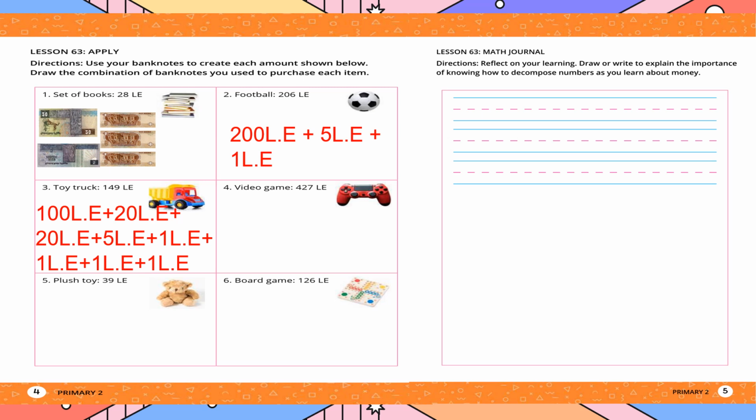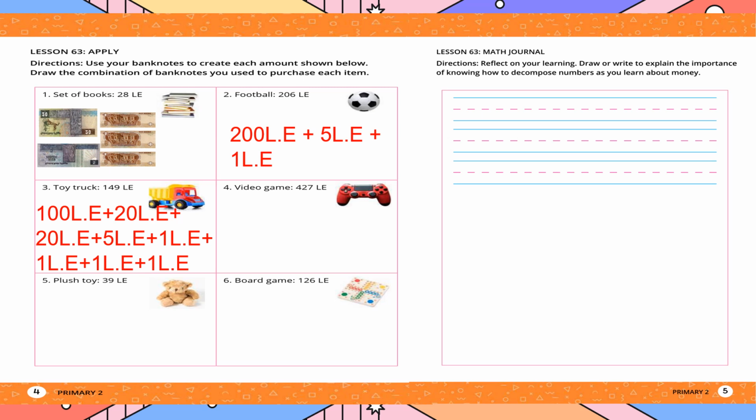Number 4. Video game for 427 LE. Let's start with 400. Do we have any banknote called 400? No, but we have banknote called 200. So let's put 200 plus 200 equals 400. 20. Do we have any banknote called 20? Yes.